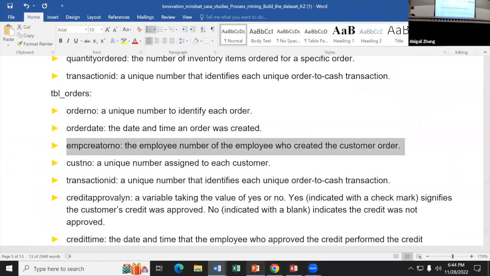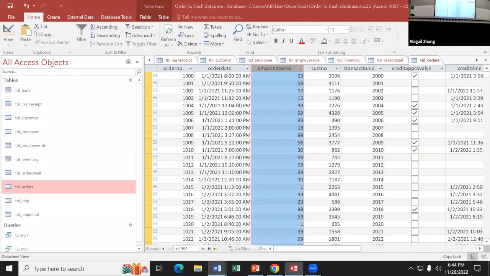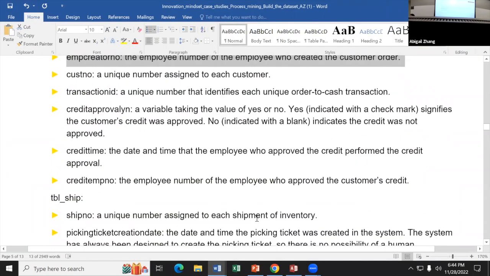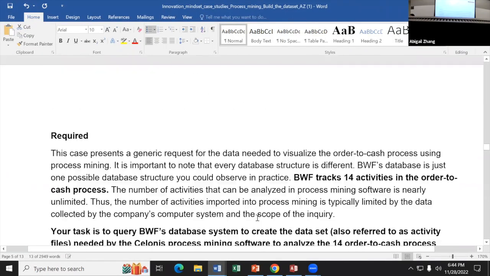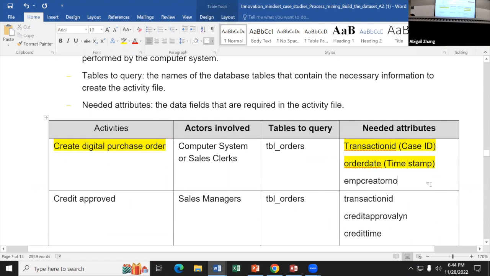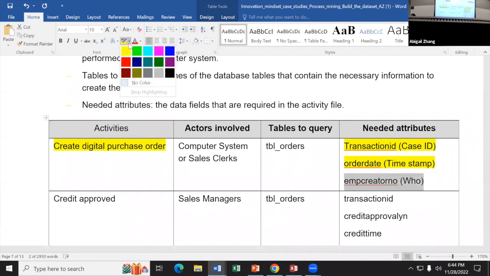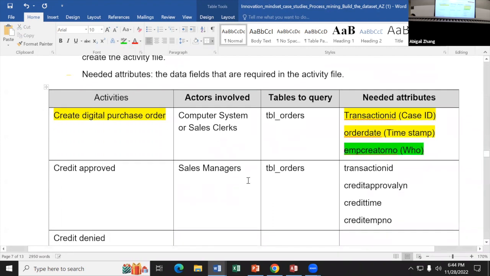So basically this is identifying who performed, or who is associated with, that activity. So let me just put the annotation here. So this is the who, okay? So this is the additional attribute that I want you to identify.